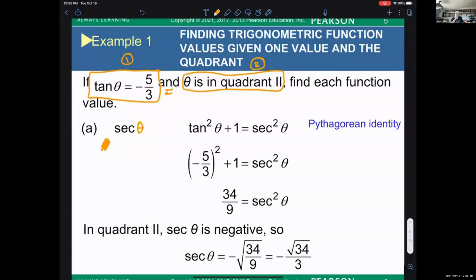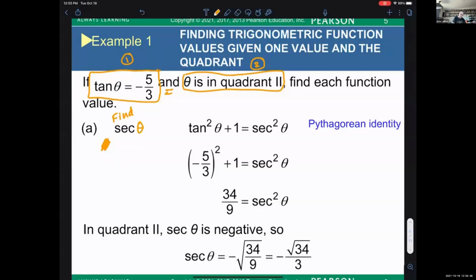So what happened here is they told us the value of tangent, and they asked us to find the value of secant. So if I go back to that first box, let's think about how what they showed us in the first box helps us achieve this goal.